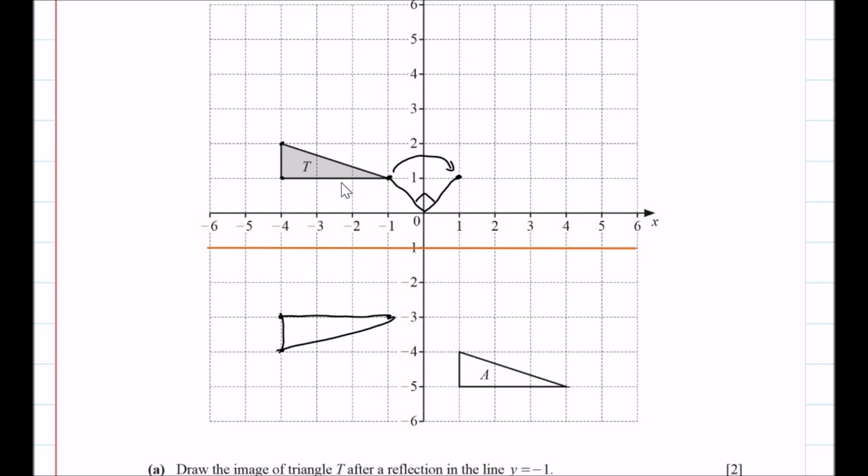What does it mean? This horizontal triangle will be vertical, means horizontal side becomes vertical, vertical side becomes horizontal. So how to draw this? 1, 2, 3 boxes. So 3 boxes up we need to go. 1, 2, 3. And then this point comes here.